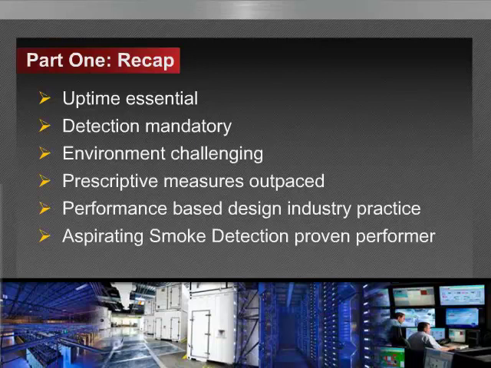In summary, disruption to the function of IT and communication centers is costly. Reliability must be ensured. Smoke from either an external or internal event can have tremendous consequences on the reliability and uptime of the network.